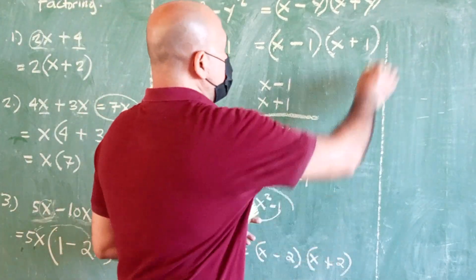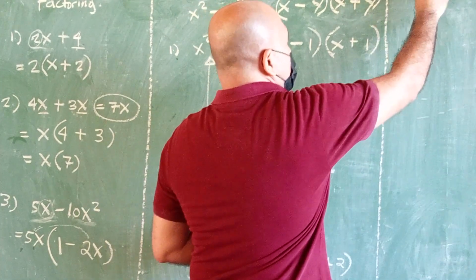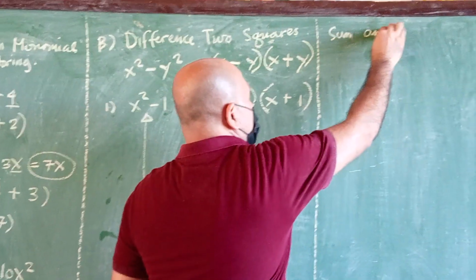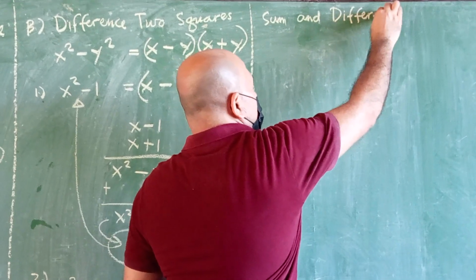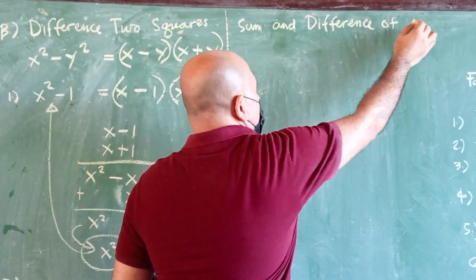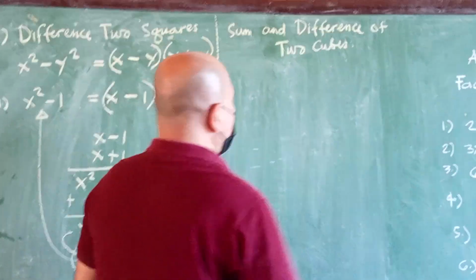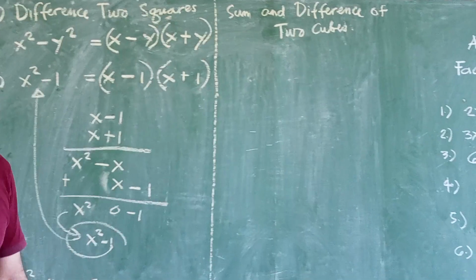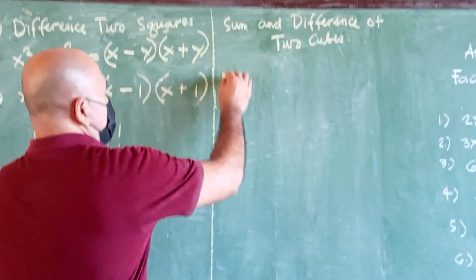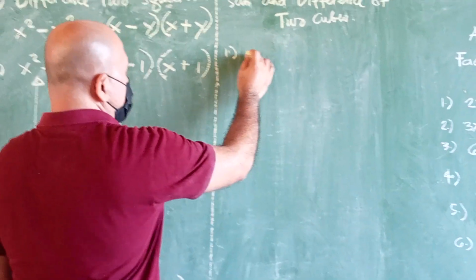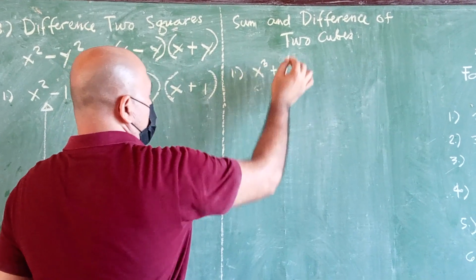Okay, so after the difference of two squares, we may have the sum and difference of two cubes. For the sum of two cubes, we have x cubed plus y cubed.